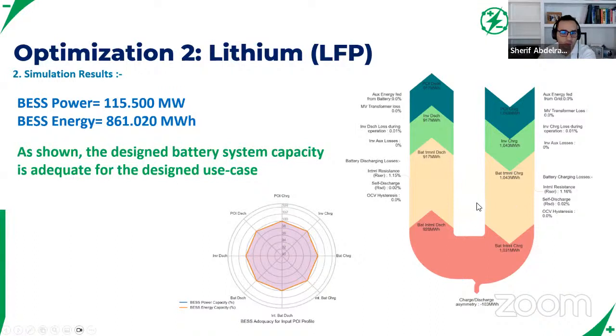A couple of points to mention here. Again, to keep the comparison focused on the technology selection, we took out auxiliary load. And for the inverter, because we're using the same exact inverter in both cases, we just assumed it's going to be an ideal inverter, so almost no losses.